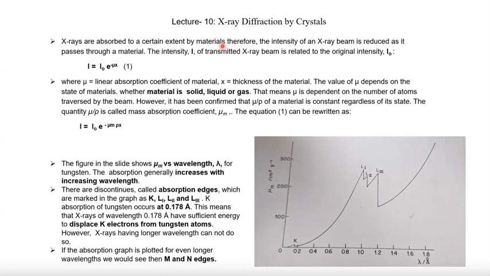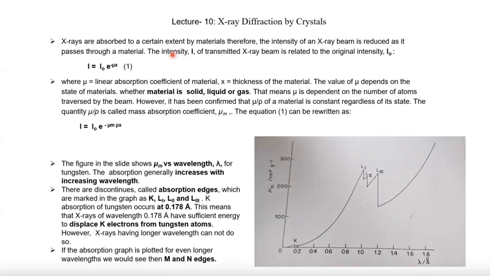When we talked about the X-ray tube, we said we have to have a window with light metal so that X-ray does not get absorbed so much. We also said that we have to have shielding with heavy metal so that X-ray doesn't come out, it is absorbed. So we see that intensity will be reduced when material absorbs X-ray.